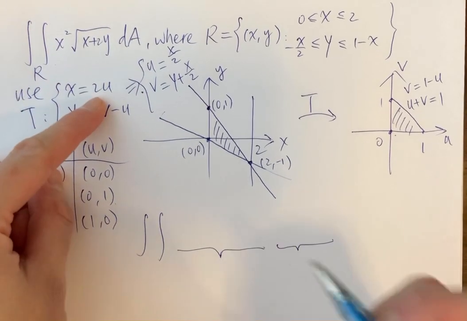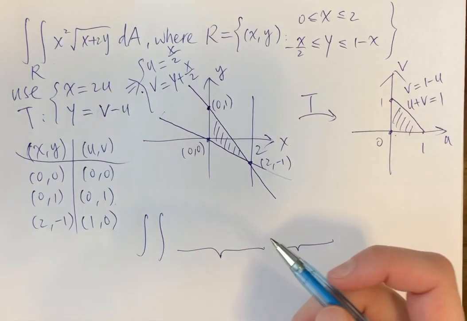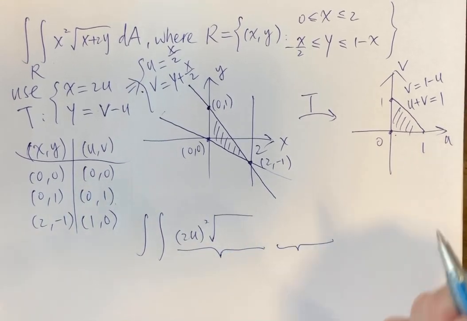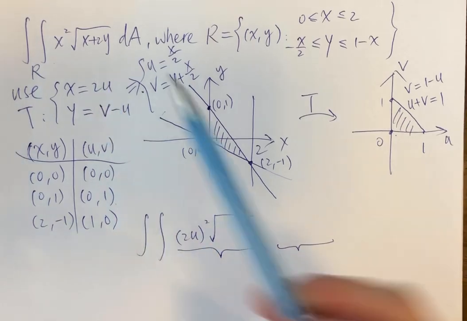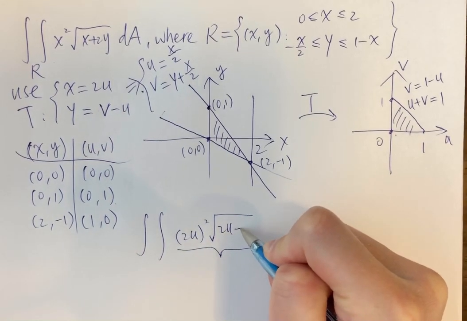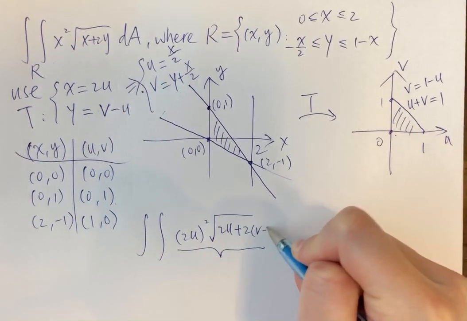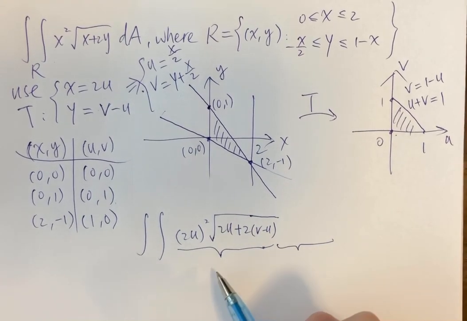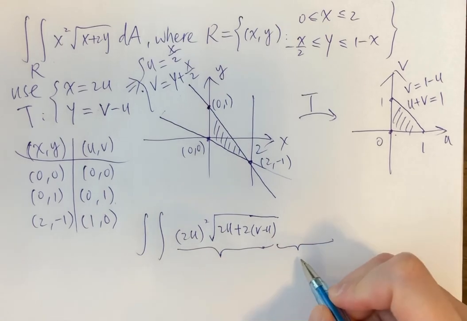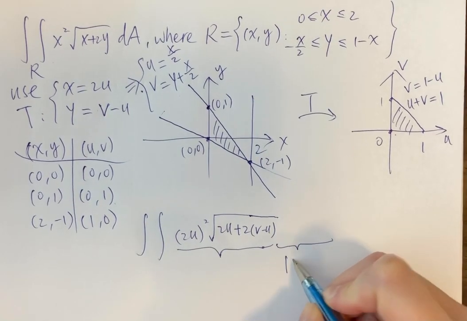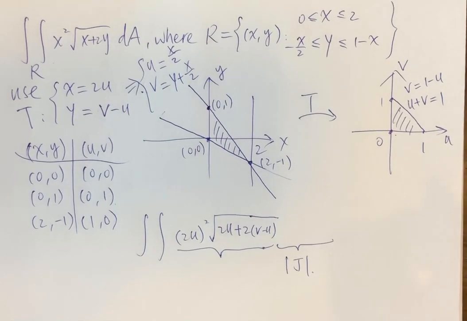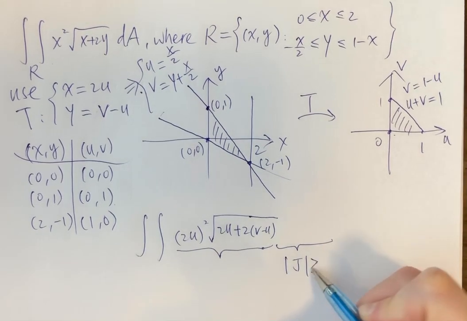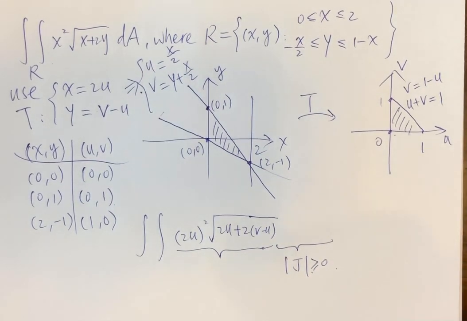So x now becomes 2u, so 2u square root of x plus 2y. So that's an easy substitution, and the other part will be the absolute value of the Jacobian. So this part is never going to be negative.